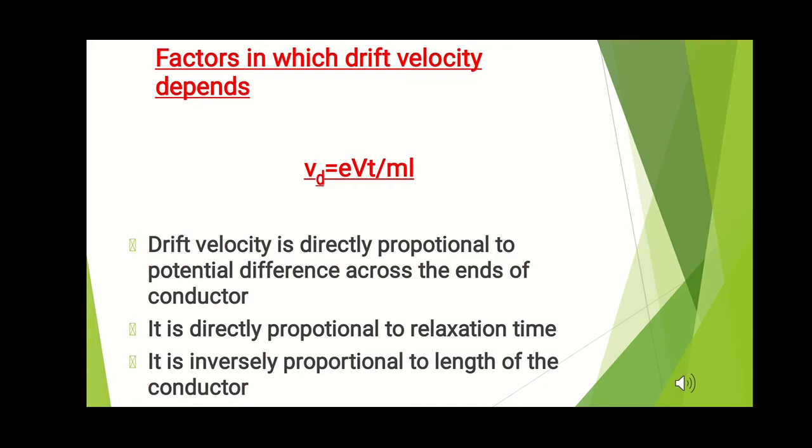So now we will discuss how the drift velocity depends upon the different factors. In the last slide I discussed the formula for the drift velocity, Vd is equal to minus e V tau, or t, upon m into L. Here e is the charge of the electron, whose value is the same for all elements, and m is the mass of the electron, so it is also the same for all conductor elements.